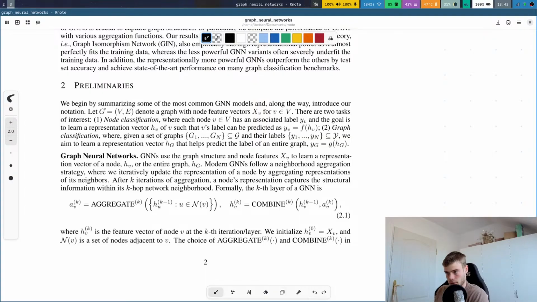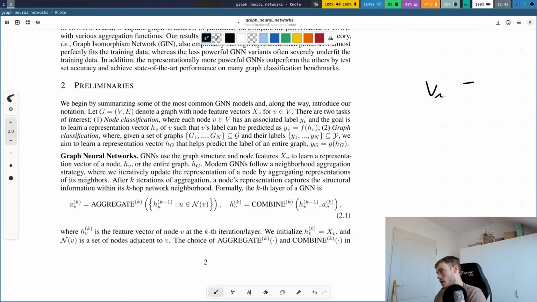There are two tasks of interest. One, node classification, where each node v in V has an associated label y_v, and the goal is to learn a representation vector h_v of v such that v's label can be predicted as y_v = f(h_v). What this means is, okay, for each node in the graph, v1, v2, v3, we will have a hidden state.